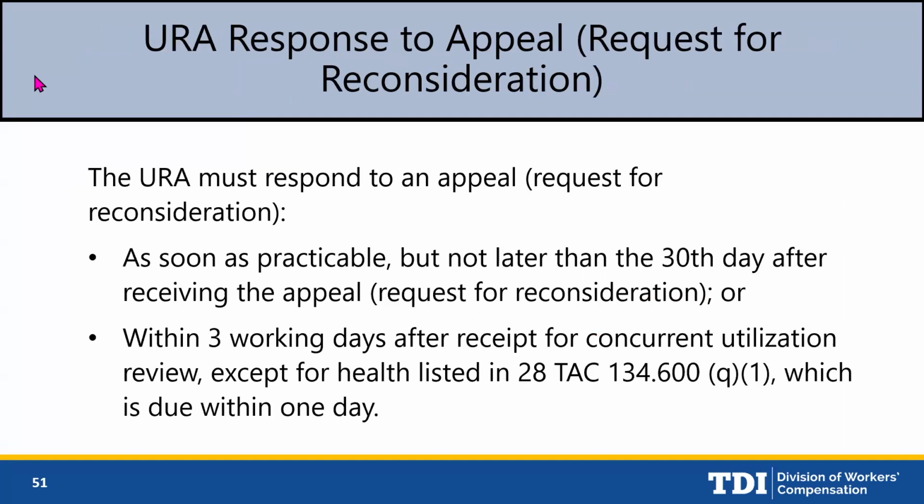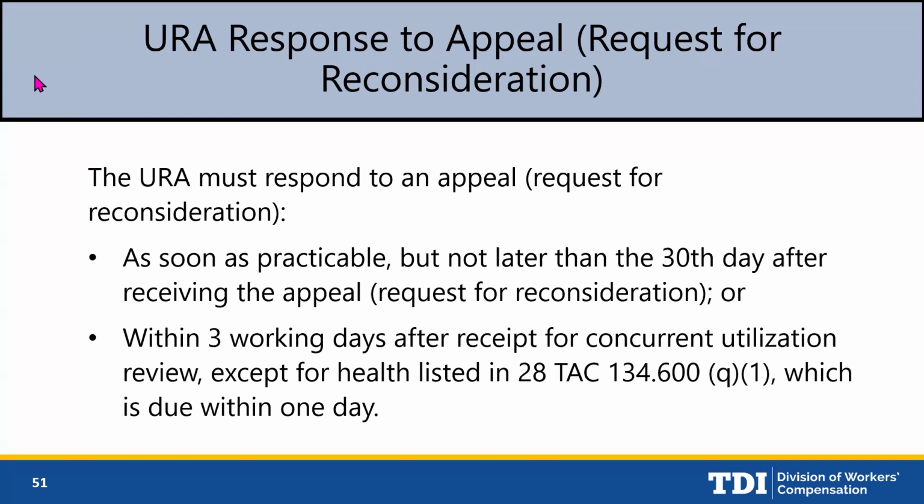The URA, once they get your appeal for request for reconsideration, they must respond to that appeal as soon as practicable. Love that word, but not later than the 30th day after receiving the appeal, which is also called the request for reconsideration. So you have 30 days, they have 30 days, and then 3 days after receipt for a concurrent utilization review.